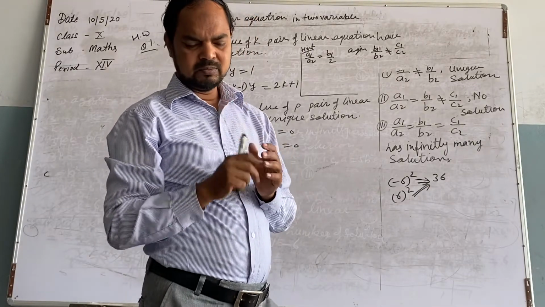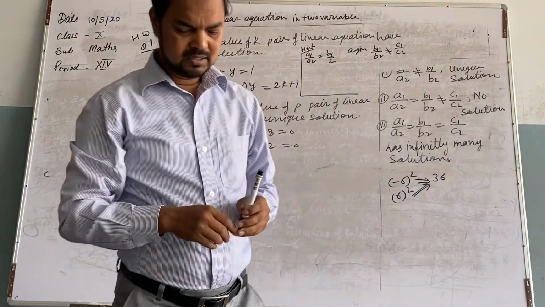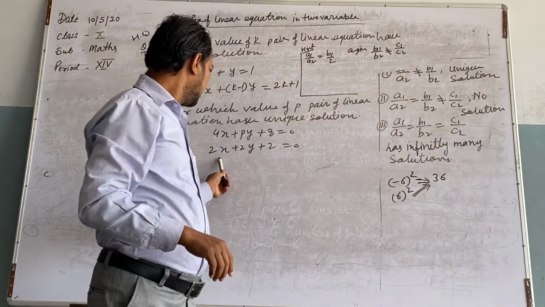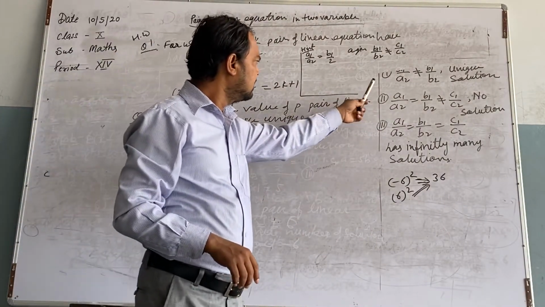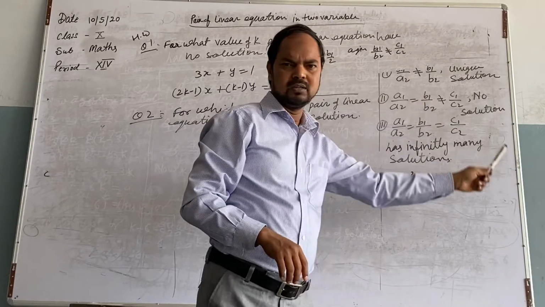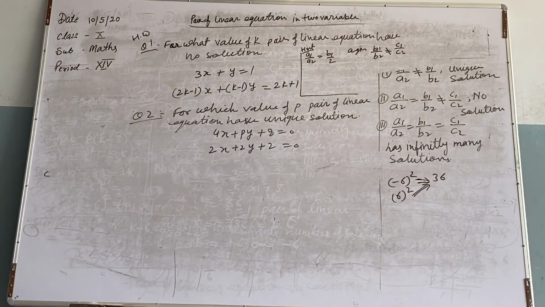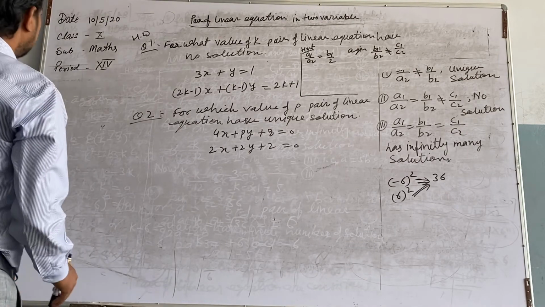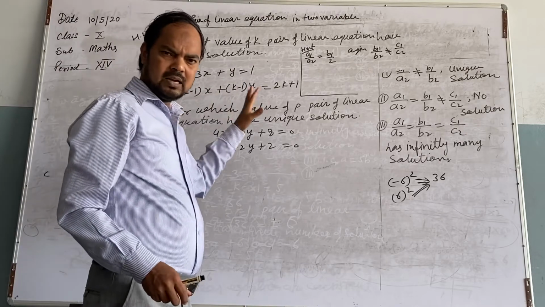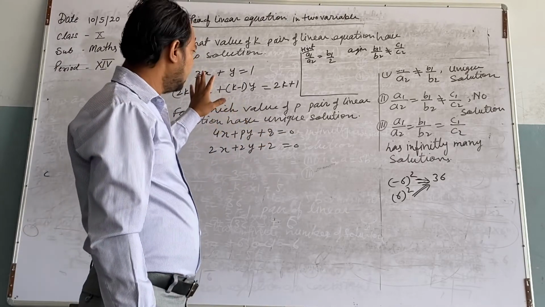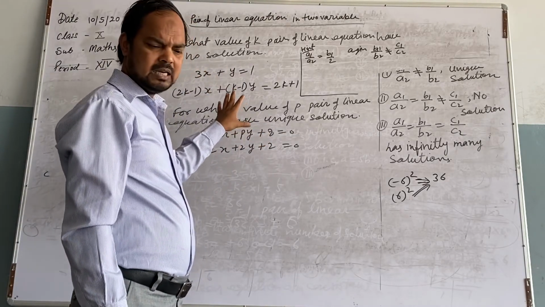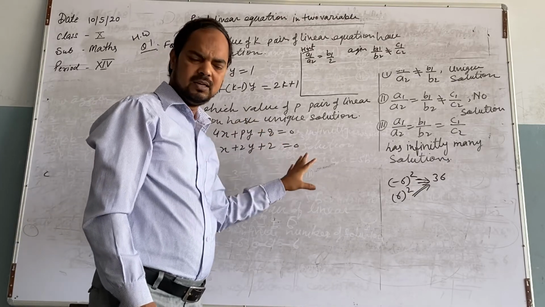Like this, you can find two types of answer. Try this, and in the second case you will find the first case is a unique solution. Now I think you should do it and send me your solution on WhatsApp, and we will give you feedback. Thank you.